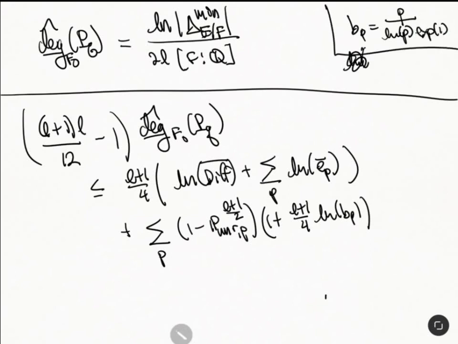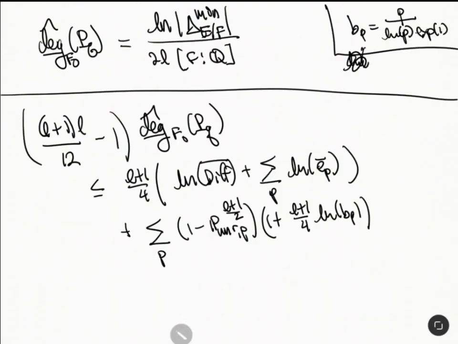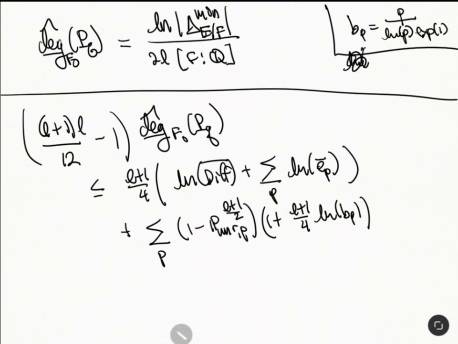Okay, so we have this doodad here. Now I'm going to bring all this stuff together, and let me adjust this one more time to make it look a little bit better. Here I want to bring this term inside. So we have L plus 1 times L over 12 minus 1 times 4 over L plus 1, well, let's not do that quite yet.